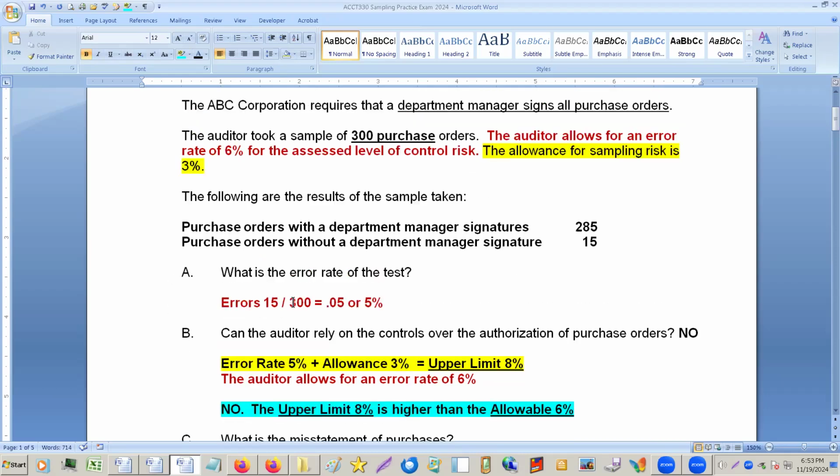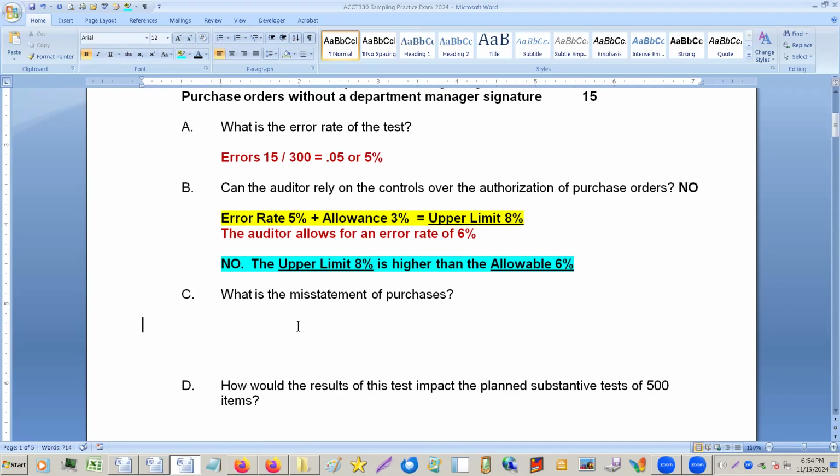Okay, so this is for the purchasing department. What was the misstatement of the purchases? Well, unknown. They might be misstated, they might not be.